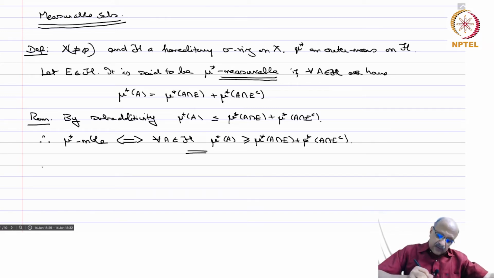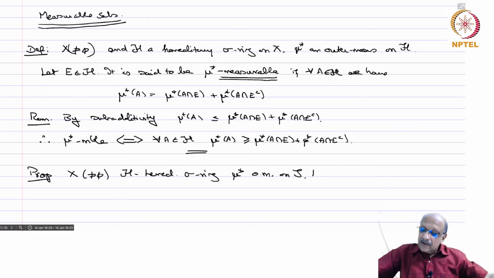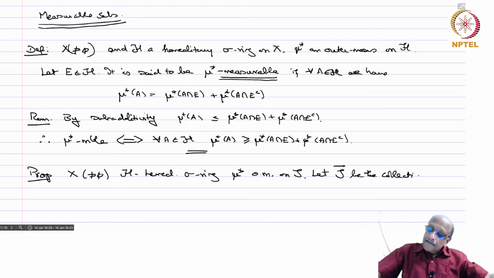So now we start with a nice proposition. X non-empty, H hereditary sigma ring, and mu star outer measure on H. Let S bar be the collection of all mu star measurable sets.